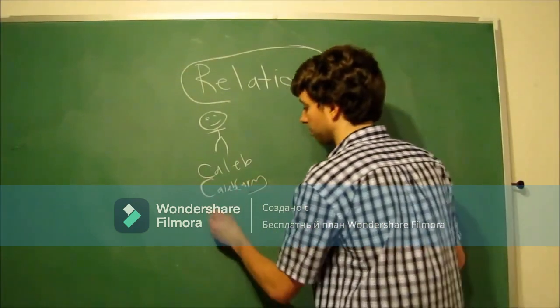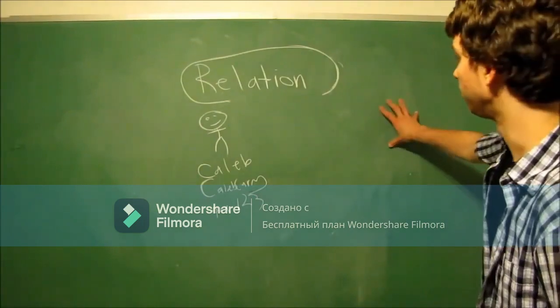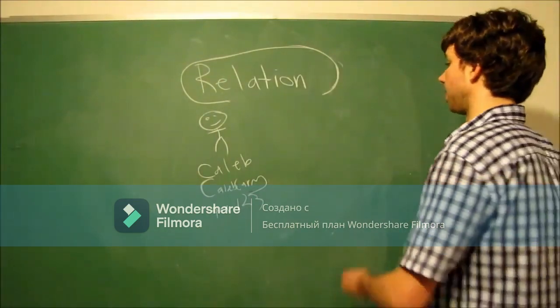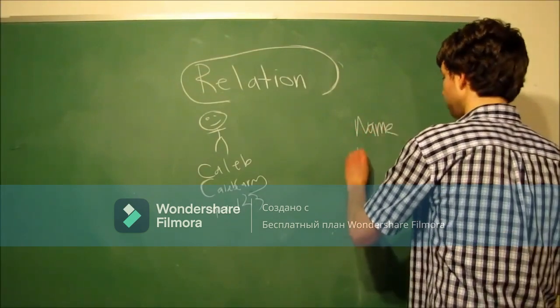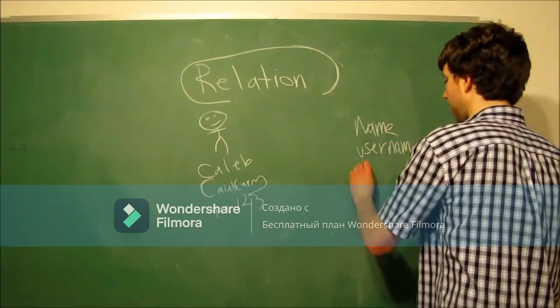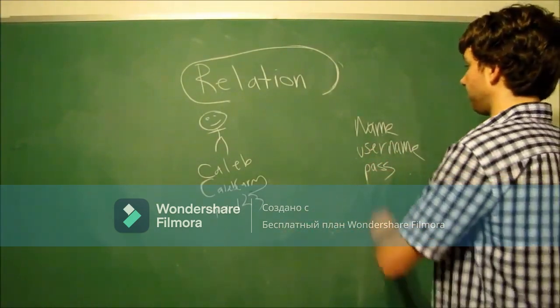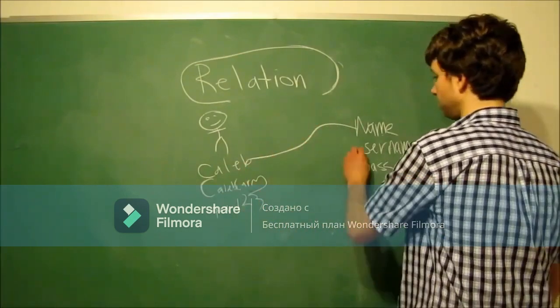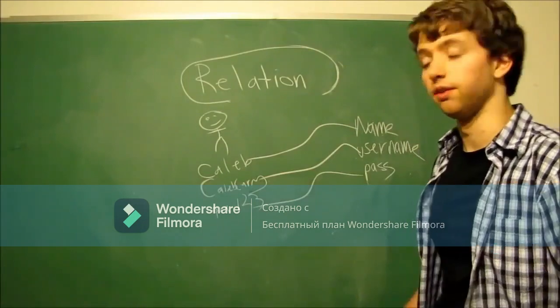And we'll give him a password, pi123. And then over here, we have the set of attributes for a table: name, username, and password. We can make this connection of data. So the name is Caleb, the username CalebCurry, password is pi123.